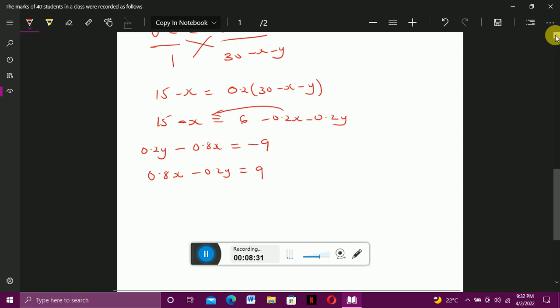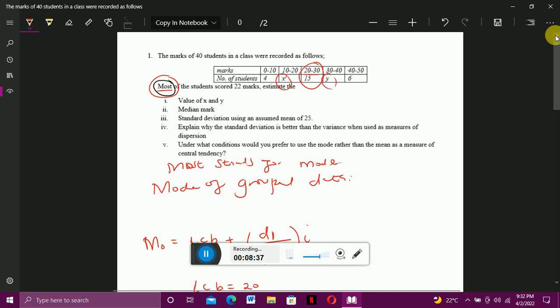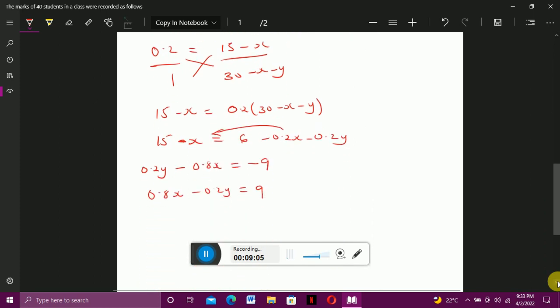So we are looking for the values of x and y, and you remember that this is a class of 40 students, implying that if we add 4 plus x plus 15 plus y plus 6, we should get 40. And now that we have 4 plus 6 is 10, 25, it implies that x plus y is 15. So we have two equations to solve simultaneously. We have another equation here, x plus y is equal to 15.